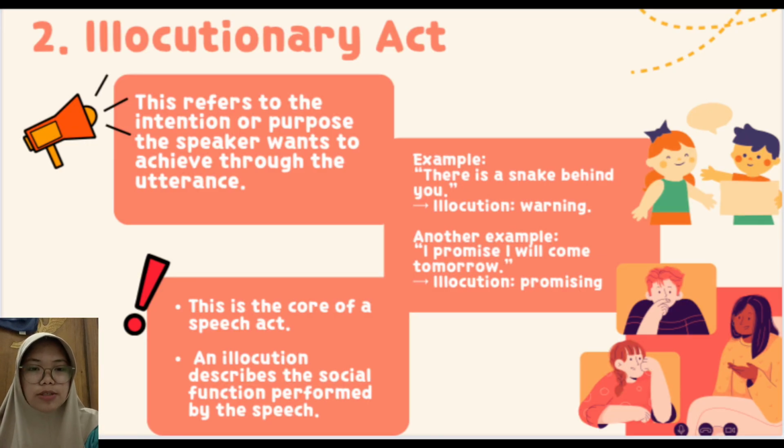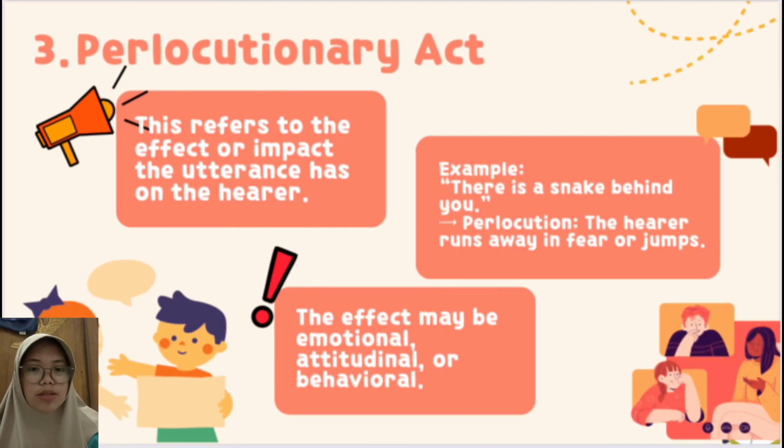And the third type is the perlocutionary act. This refers to the effect or impact the utterance has on the hearer, which may be emotional, attitudinal, and behavioral. For example, there is a snake behind you.